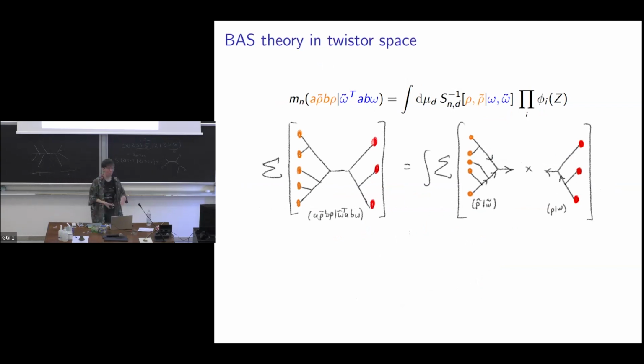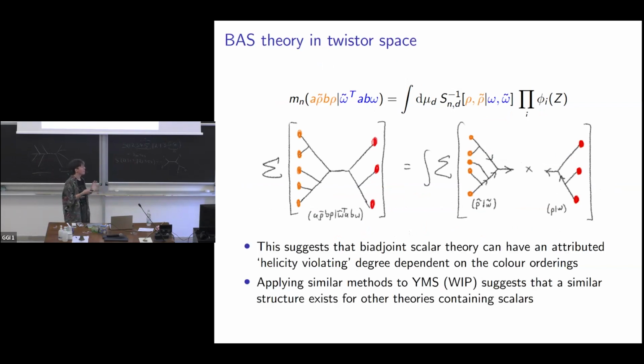But it's cool that it works, that this object, which we got from the integrands, actually satisfies this. And this kind of gives a natural sense of helicity violating degree to these doubly color ordered bi-adjoint scalar amplitudes.